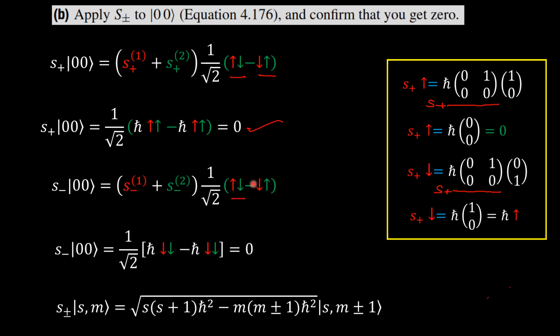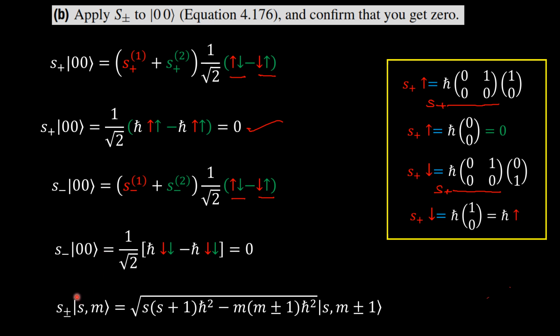Now you take the second pair. If the electron lowering operator acts on this electron, spin down already, you will get 0. Only when this acts on the spin up particle, you will get spin down with multiplicative factor H cross. So here H cross down down and H cross down down, which is equal to 0. Like here H cross up up and H cross up up will become 0.